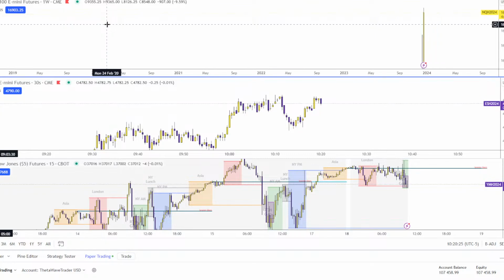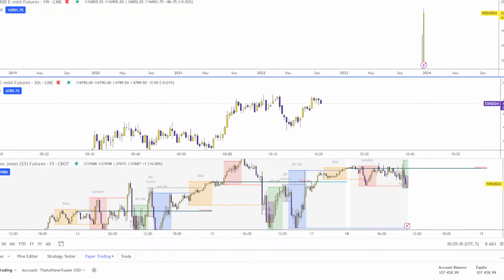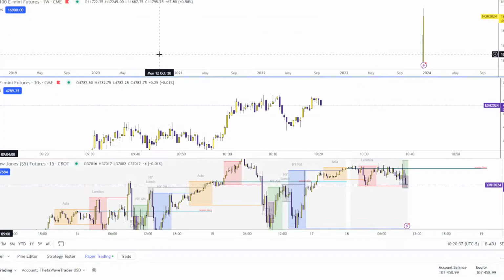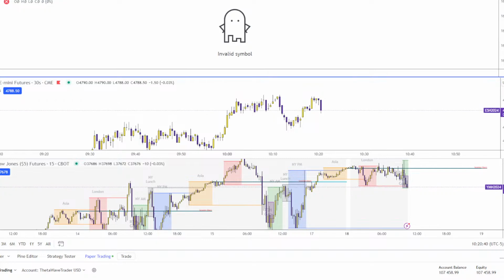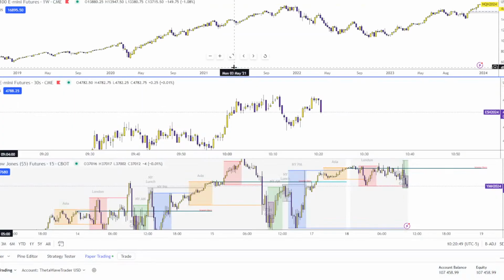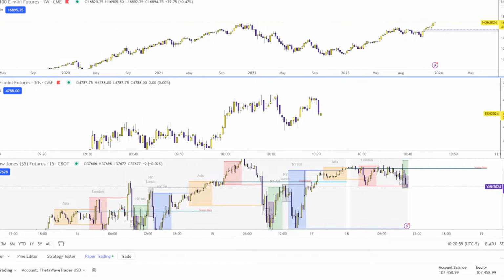Yeah, I don't have anything back there. Nothing. Just NQ1. Nope, there's no valid symbol for NQ1. NQ. You got better data than me, I guess. NQ1 exclamation mark, I've got that.